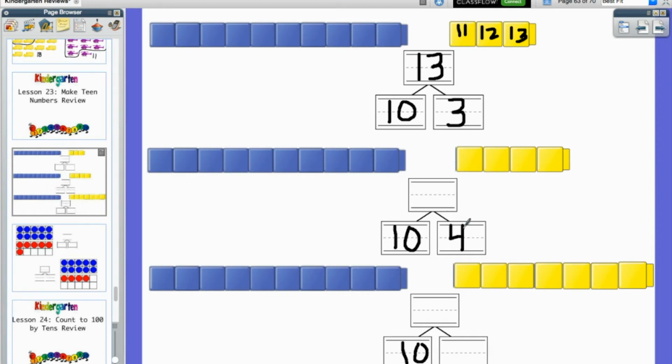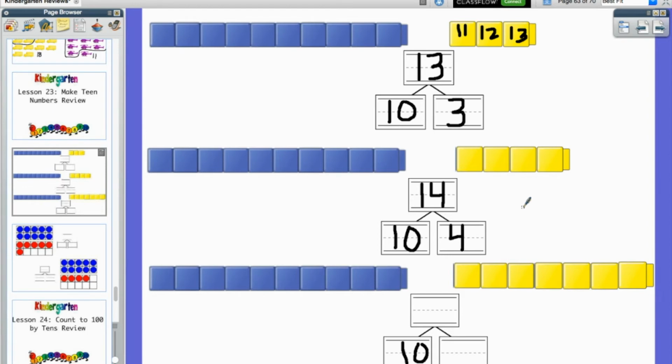I heard some of you. So 10 and 4 makes 14. We hear that 4. We say it 4 and 14. So we had a group of 10, 11, 12, 13, 14. So 10 and 4 make 14.